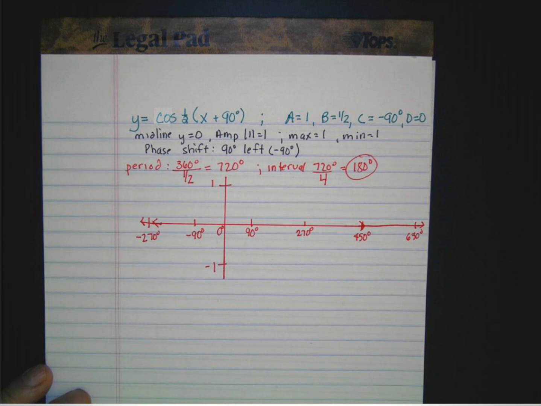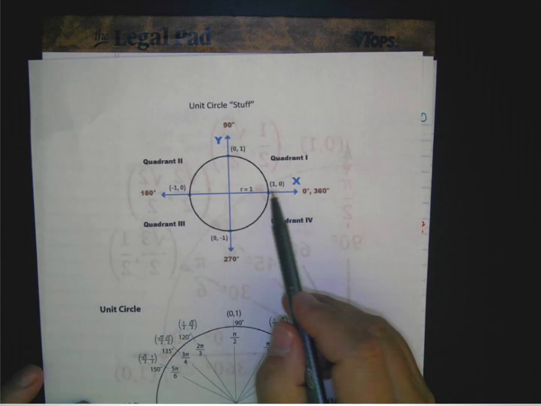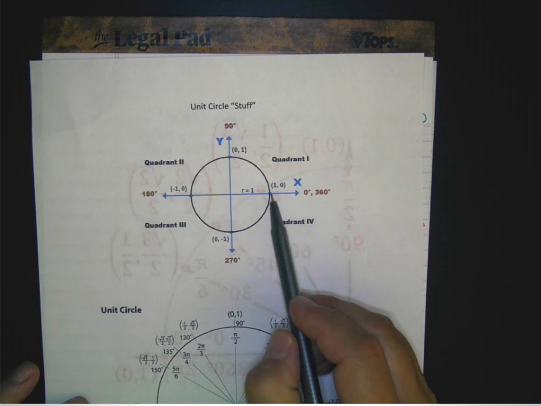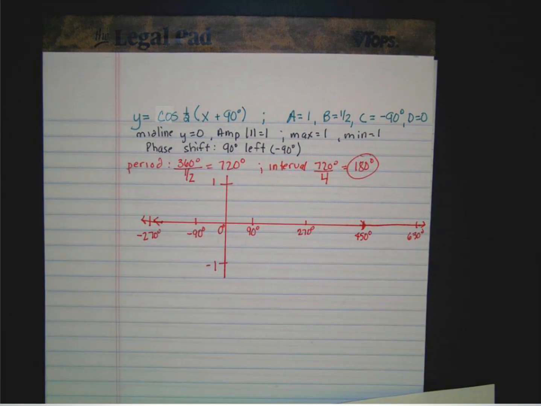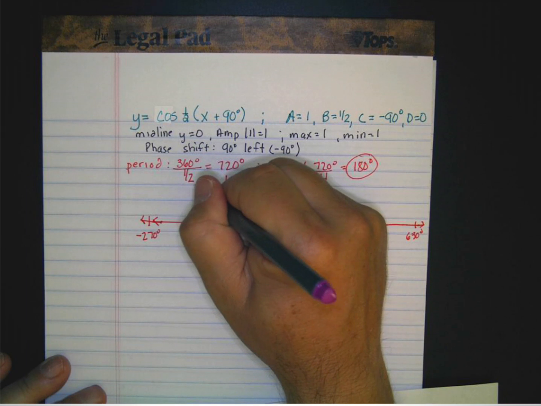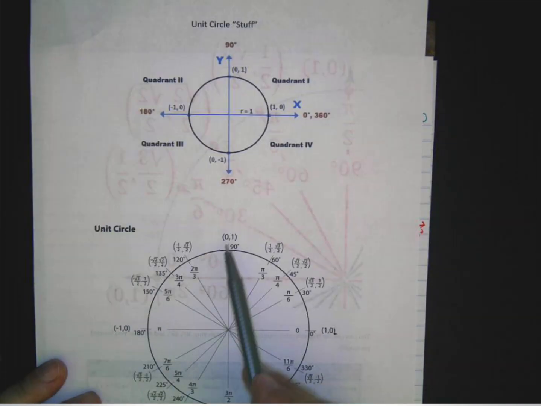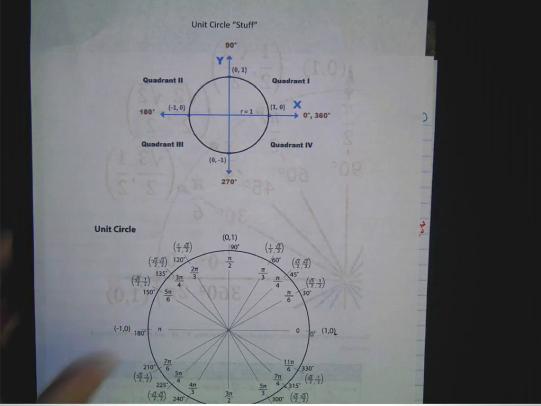Okay, so now if you look at the unit circle, cosine starts at 1, starts at the max value. The cosine of 0 is 1. Now we shifted everything left, so our starting point shifts from 0 to, remember, negative 90. So our actual first point is going to be at negative 90. Now look as we go around here, we're following the same pattern. It goes from 1 to 0 to negative 1 to 0 back to 1. So we're at the max already.